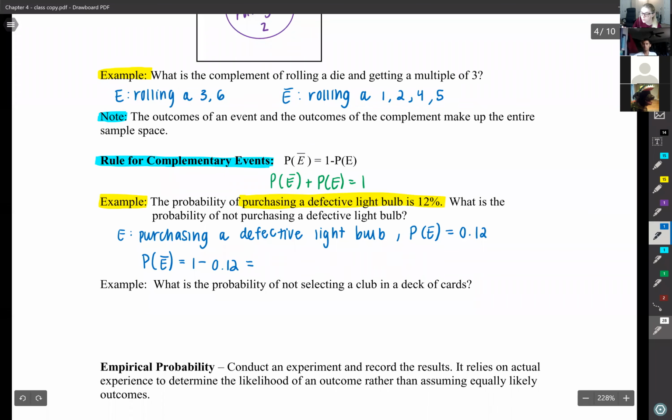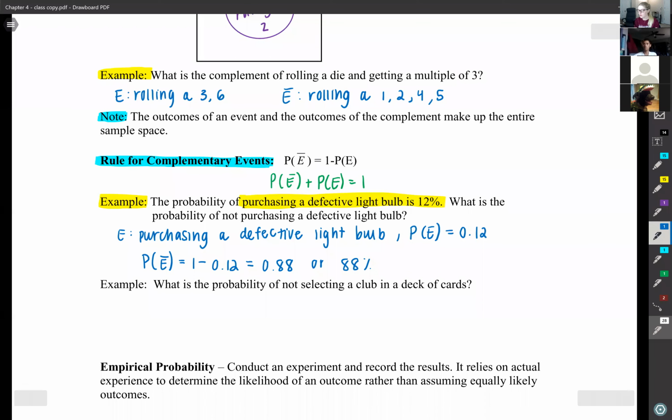And 1 minus 0.12 is going to give you 0.88, or 88%. So if I know the probability of an event, but I want the probability of its complement happening, you just have to take 1 and subtract the probability of the event.